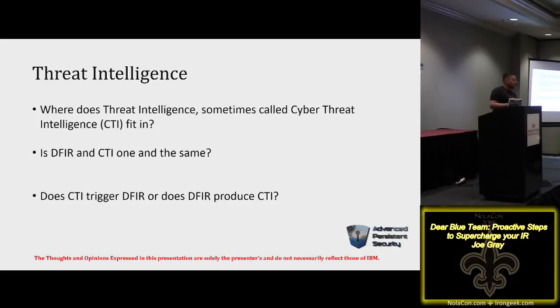When you have those IDS signatures, or you put things through a SIEM that has a threat intelligence feed, for example AlienVault's USM or OSSIM with the OTX feed coming in, if something comes in that matches that, you're going to get an alarm that will trigger your incident response process. So that answers that last bullet of, does threat intelligence trigger incident response, or does incident response produce threat intelligence? Which is it?